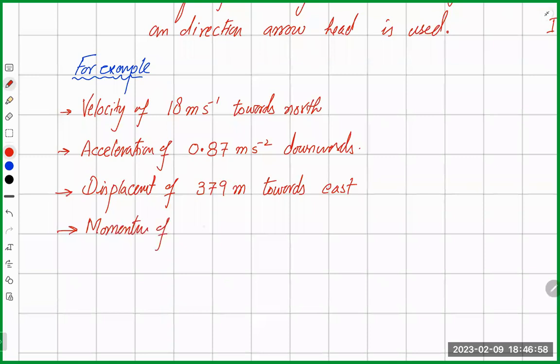Momentum of 550 kg meter per second towards left. So there can be many other examples. I will start with these four.